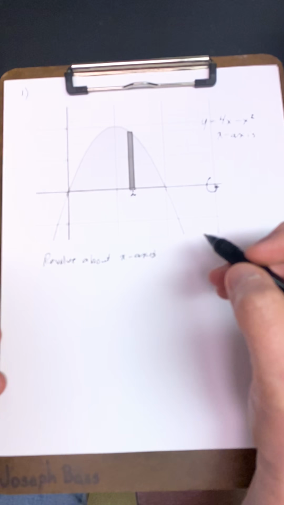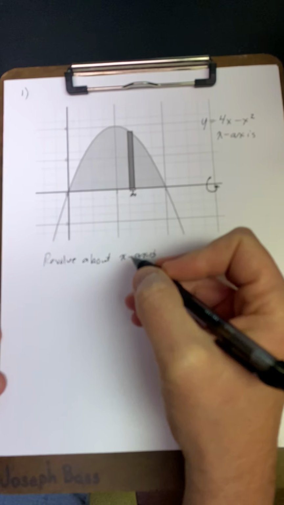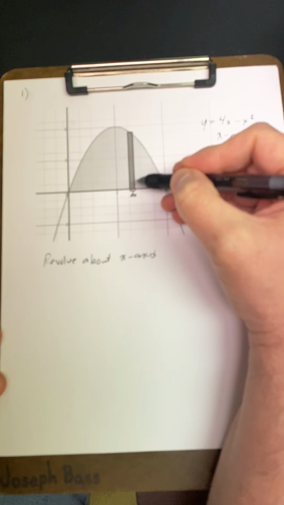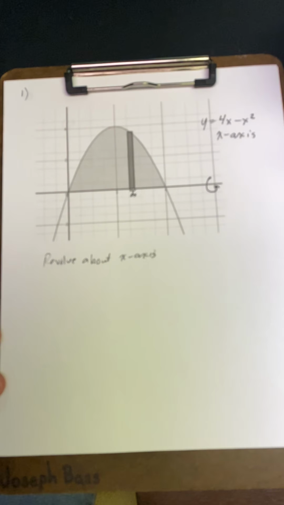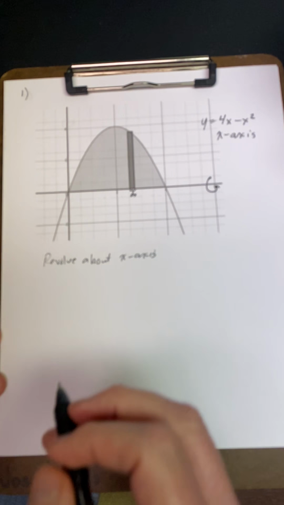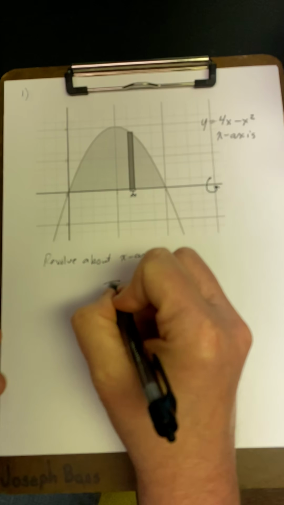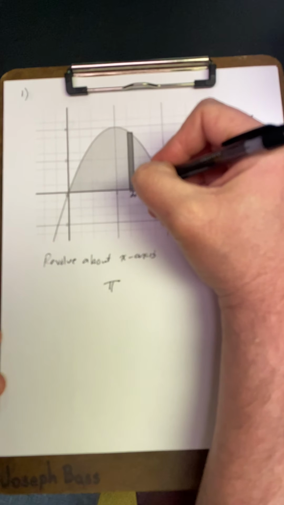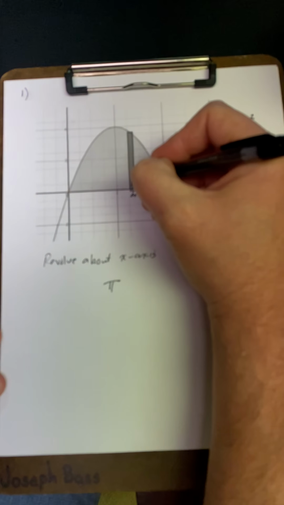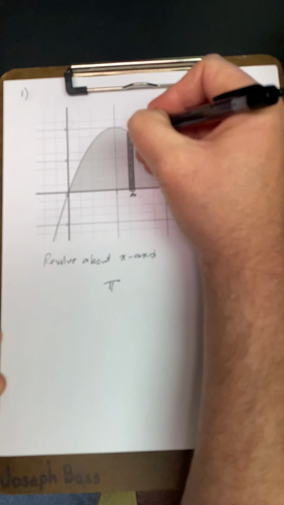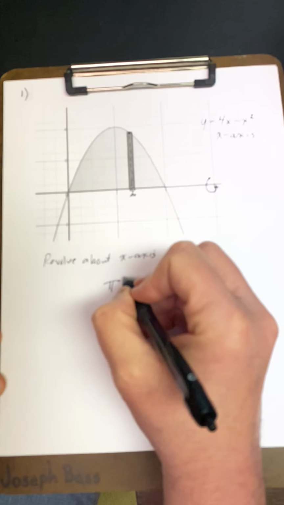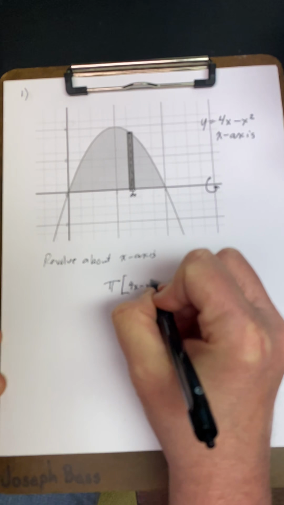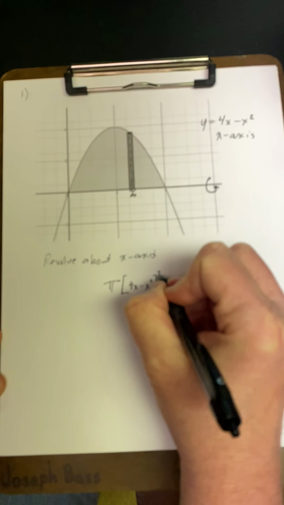The volume of a cylinder is pi times the radius squared times the height. So imagine this rectangle revolving around that axis. I'm going to get a disk, and so it will be pi radius squared. The radius will be the distance from the center of revolution out to the function, f of x, which in this case is 4x minus x squared.